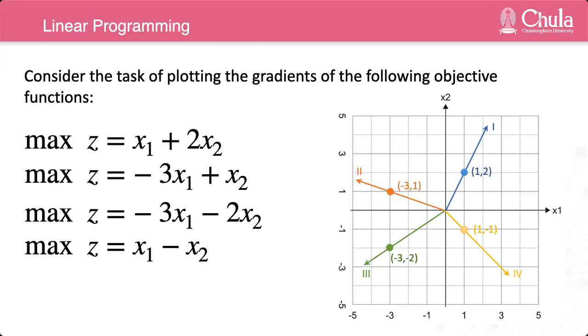Or if you want to minimize it, you go the opposite way. This one also. The third one, minus 3x1 minus 2x2. Yes, the coefficients are minus 3 and minus 2, so it's here. Drawing this line, it's the gradient of this function. And this is the gradient of this function.